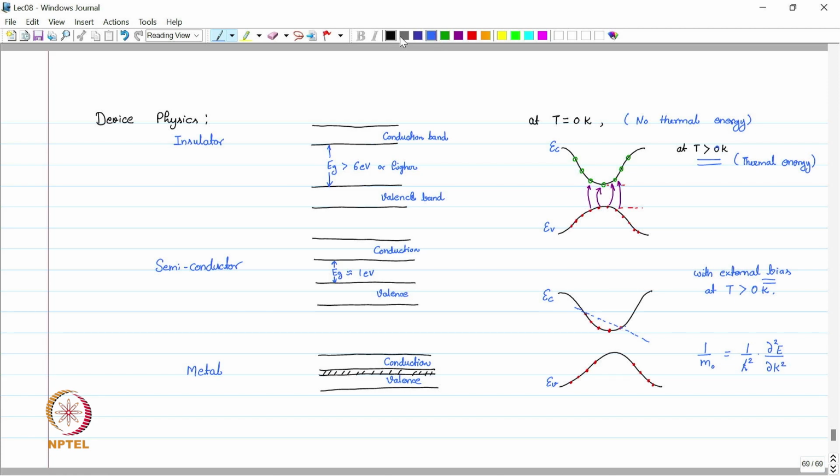So d square E by dk square is the curvature of the conduction or valence band, and m star is the effective mass of the electron.